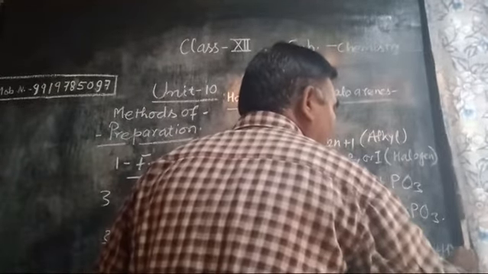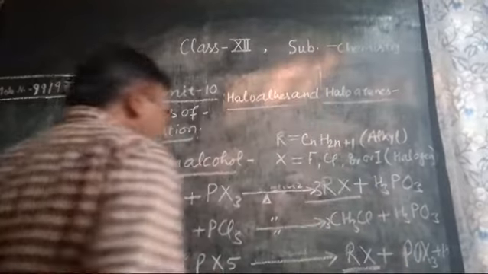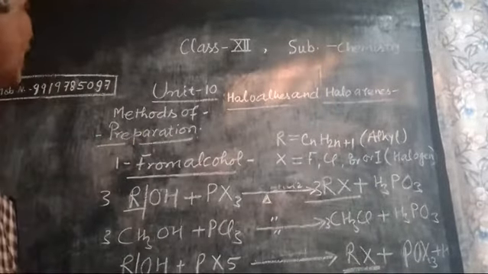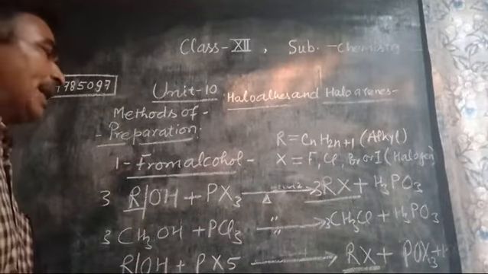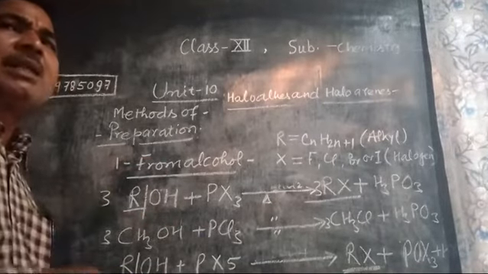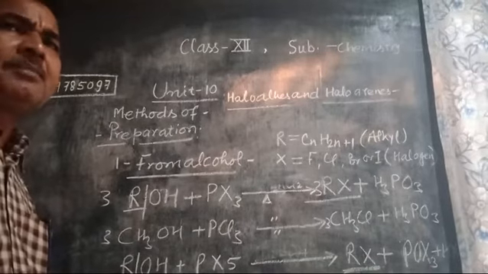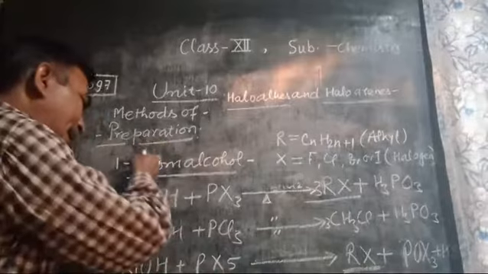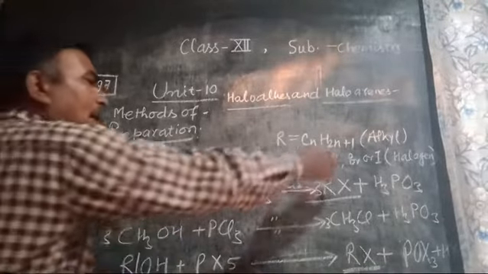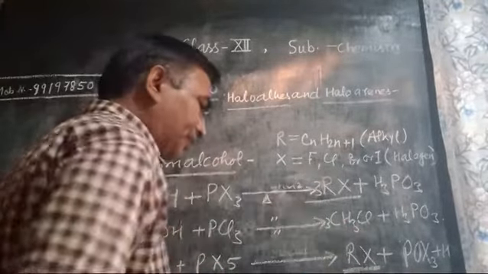These are the byproducts. So you can use phosphorus and halogen also. Phosphorus and halogen both take part in the chemical reaction forming phosphorus halide. That may be tri or pentahalide; both when treated with alcohol form the corresponding alkyl halides.